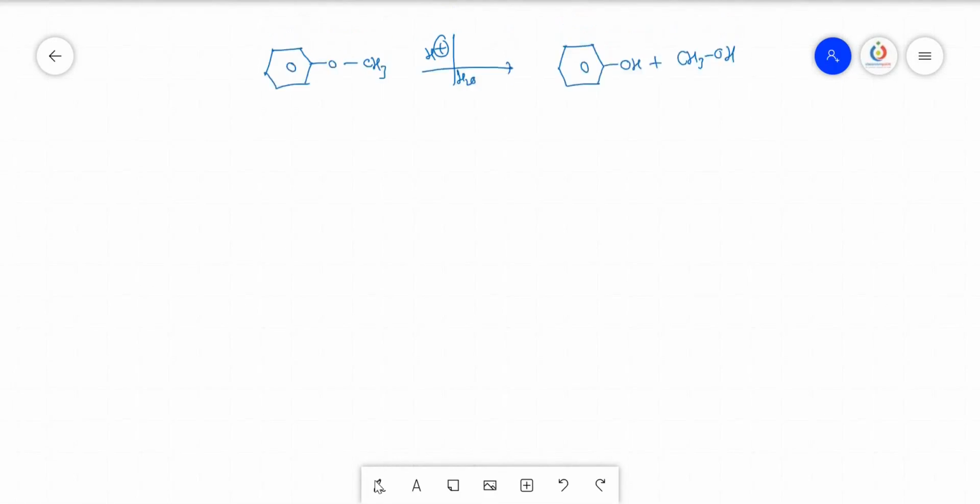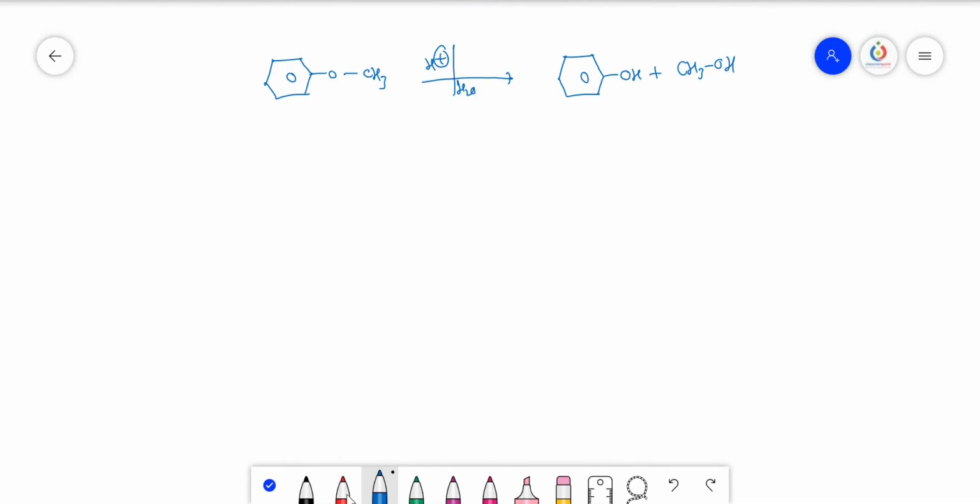So now let us see it from esters. How to convert the esters into the alcohols? It's a simple thing, hydrolysis. You take an ester, this is a general ester, simple hydrolysis, H plus H2O, acid hydrolysis.